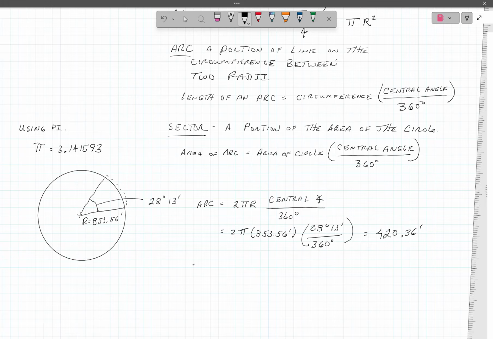Okay, the last bit of this one is now we need to know the area of that sector. Okay, and in order to find that, we're going to use pi r squared times the central angle again, all over 360.